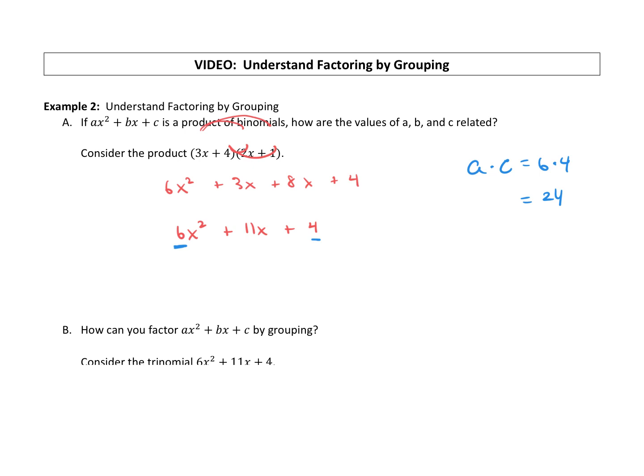If we list out our factors of 24, so 1 and 24, 2 and 12, 3 and 8, 4 and 6, what we notice is that we have these factor pairs, and the 3 and the 8 look very familiar because we have a 3 and an 8 here.